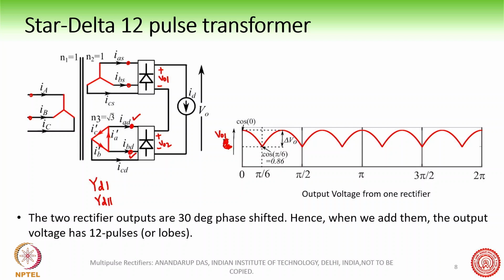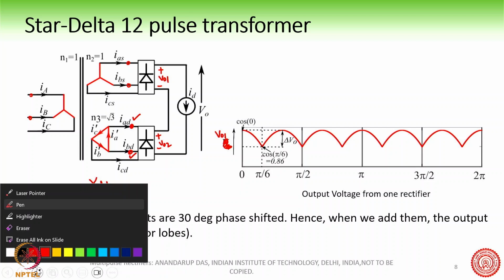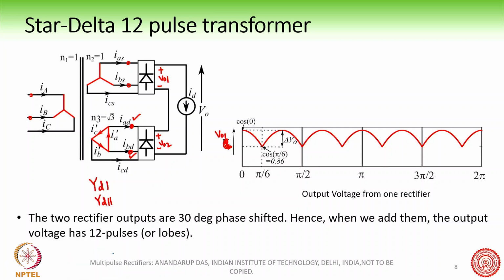So if we now plot V02 on this waveform, what will we see? Let us plot that. Since this is 30 degrees, this is 60 degrees, so the waveform of V02 that we are going to plot will be something like this.